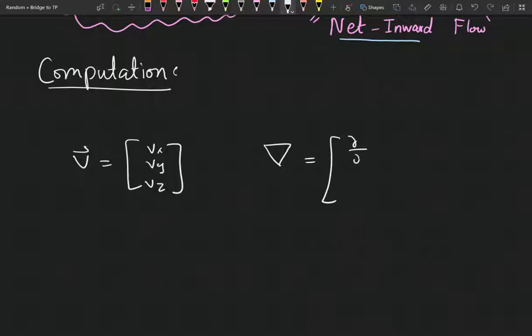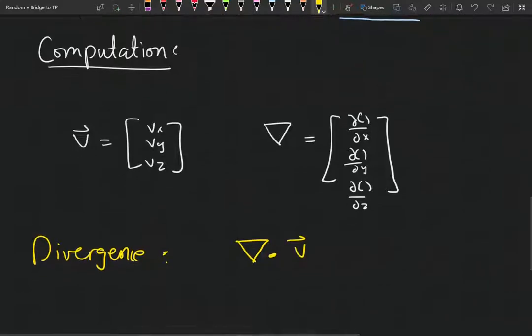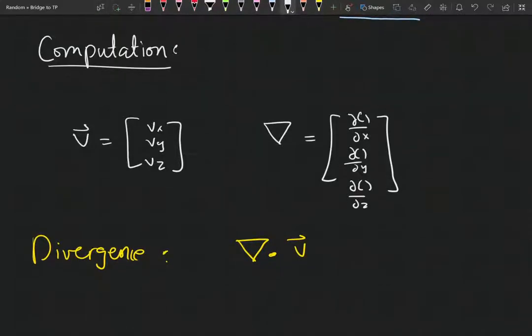This is the partial with respect to x, partial with respect to y, and partial with respect to z, in Cartesian coordinates, of course. Now the divergence is actually a dot product. Divergence is going to be del dotted with the vector field.